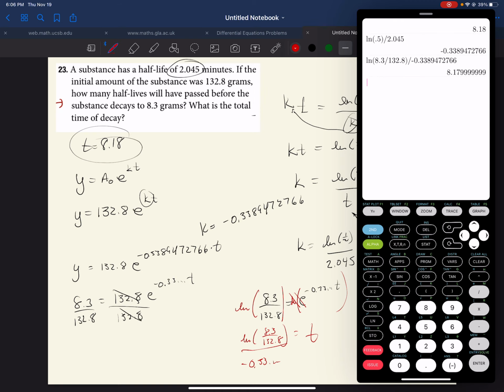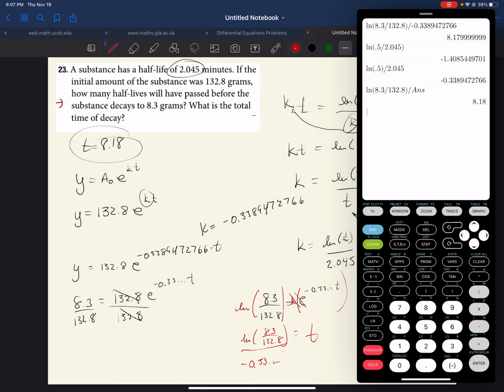I forgot to push the right arrow to get out of the ln. That 2.045 really has to be on the bottom. So now it's my previous answer. And what I could do is actually say ln of 8.3 divided by 132.8 divided by that answer. And then it is 8.18, which is exactly that time that we got there.